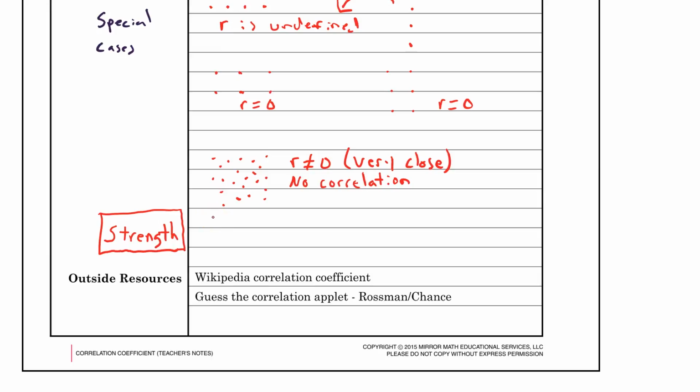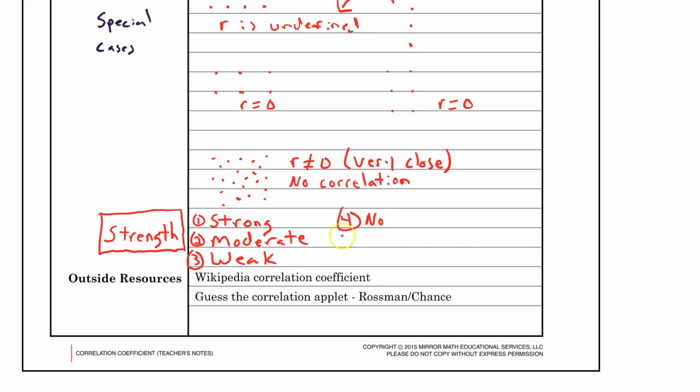With regards to the strength, we can say that it is strong, it is moderate, or it is weak. Lastly, we could say no correlation.